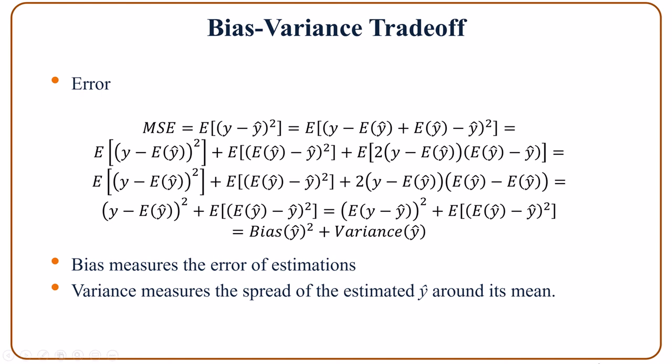Looking at the formula, we can see that bias measures the error of estimation, which is the expected value of y minus y hat. And the variance measures the spread of the estimated y hat around the mean of y hat.